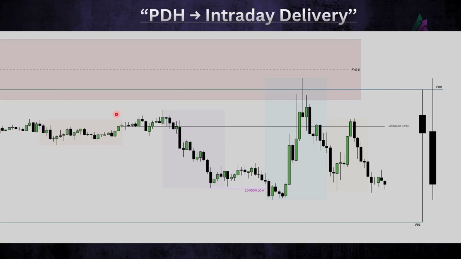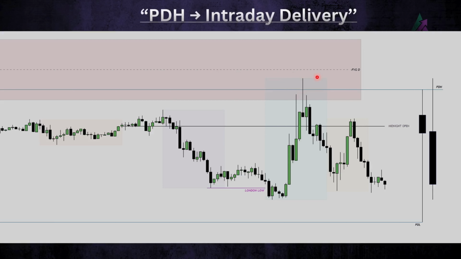Okay, so in this example, price consolidates during Asia. As London opens, price is trading above midnight open, then trades lower, but does not make the low of the day. When New York opens, price trades lower, takes out London low, and makes the low of the day. After that low of the day is formed, price starts to trade higher and rallies up into an older higher time frame imbalance.